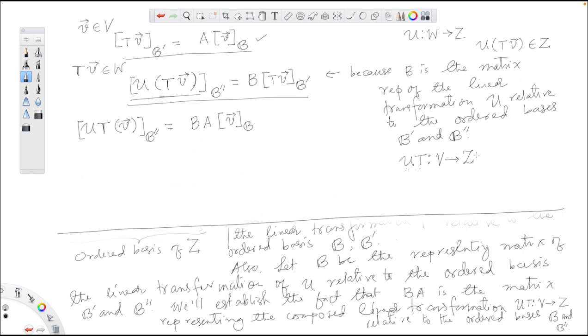And we always have a matrix, right? What was the dimension of this? It's an n-dimensional vector space, and this is a p-dimensional vector space. So we have a p times n matrix over the field F, right?